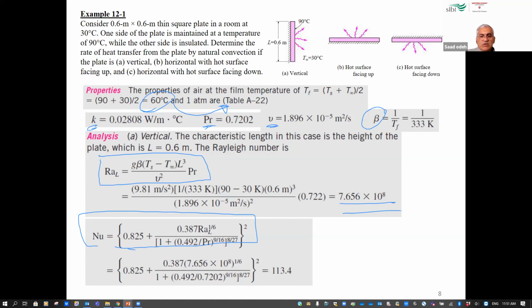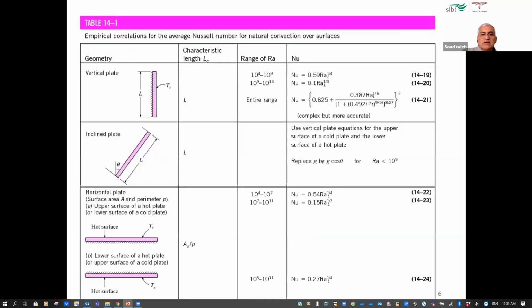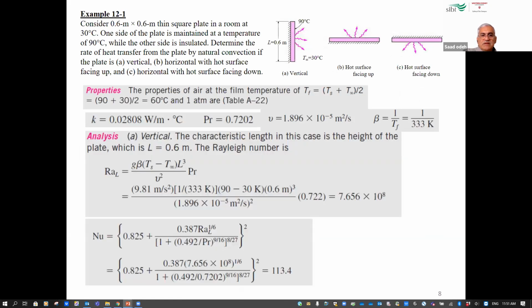Otherwise, you can use the table that we mentioned before. For the case that we have now, in this range, I can use this formula to find the Nusselt number. Or otherwise, just follow the example here. And we found it here is 113.4.